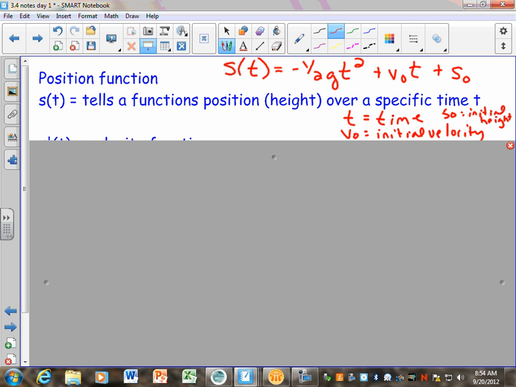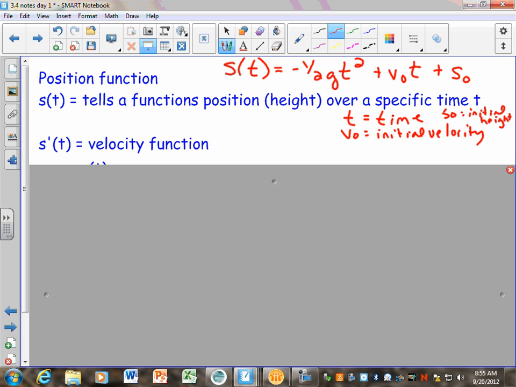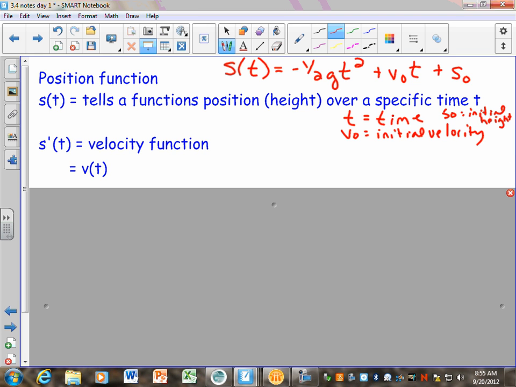But we're going to call that first function the position function because it tells you how high that object is over a specific time, if you throw an object in the air or launch a rocket in the air. Here's the new stuff that we can say. If you take the derivative of the position function, you will always get the velocity function.